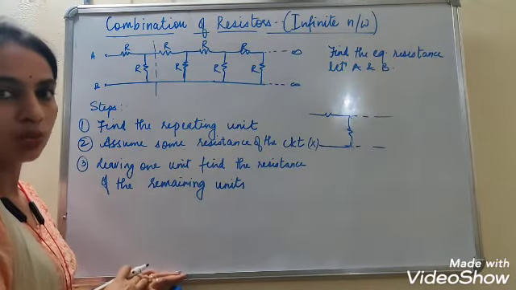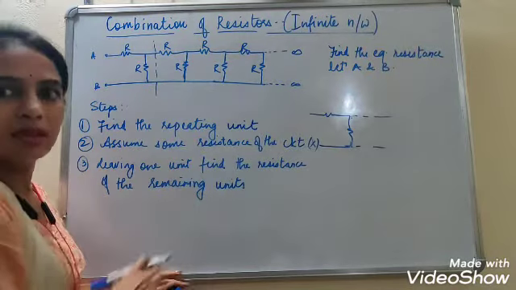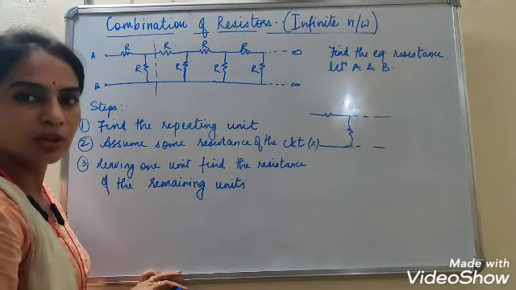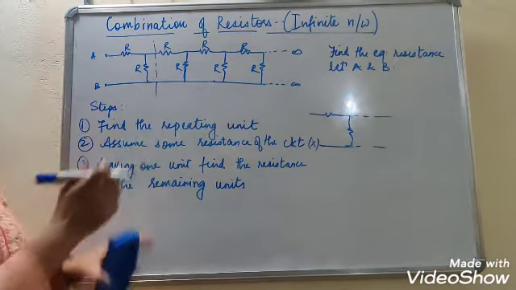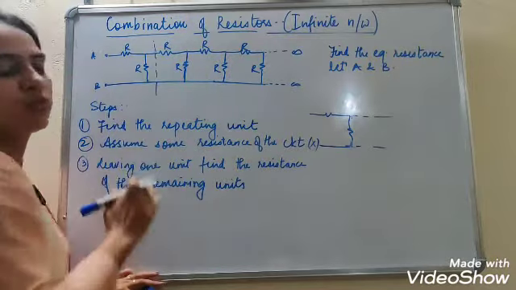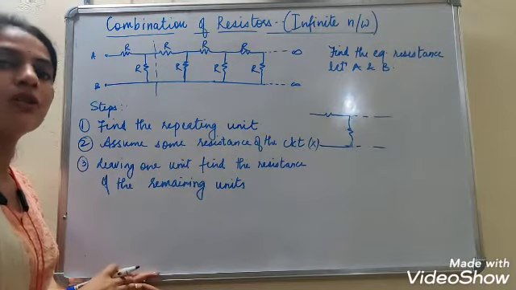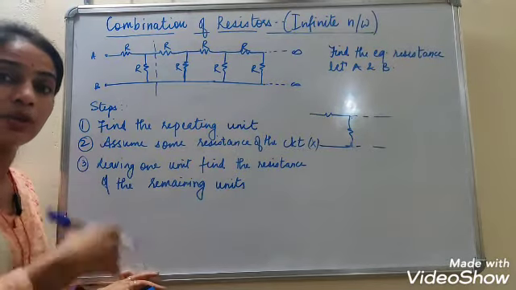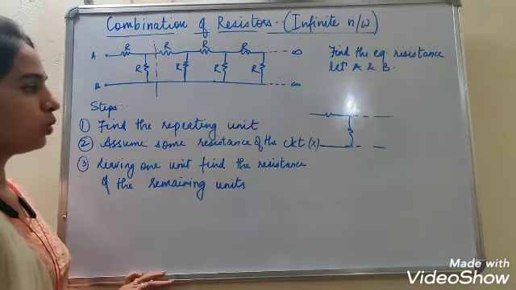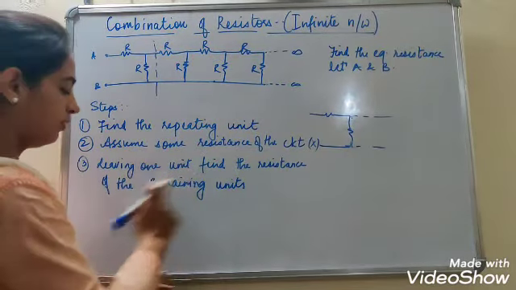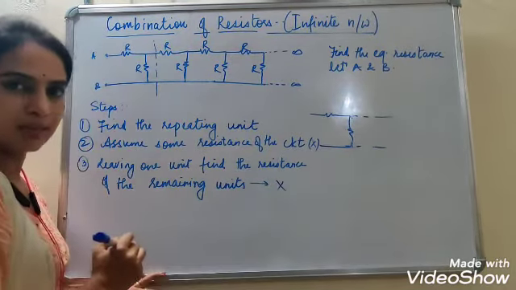Obviously that will also be X, because X plus one unit is still infinity, right? If the resistance of the full circuit is X, then the remaining circuit's resistance will also be X, because it's an infinite network. Like 1000 plus 1 doesn't change, okay? So leaving one unit, the resistance of the remaining unit will also be X in this case.